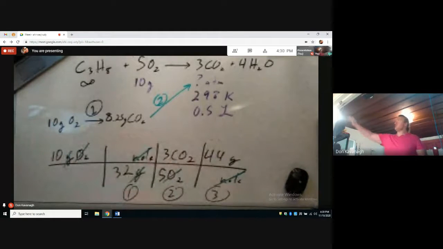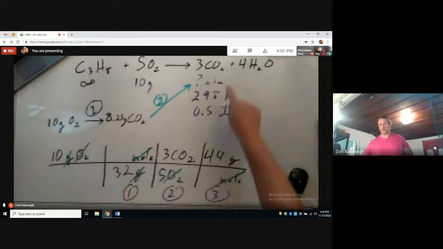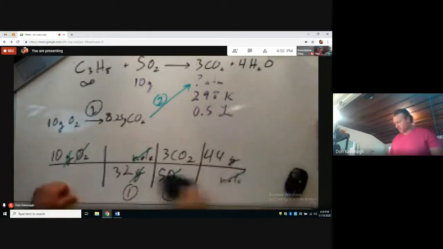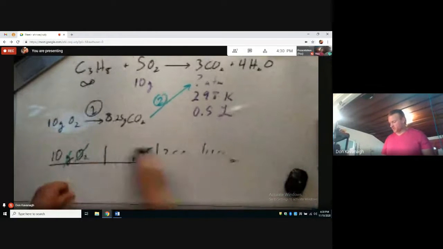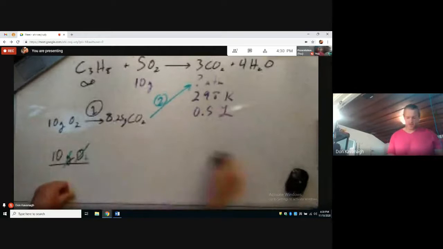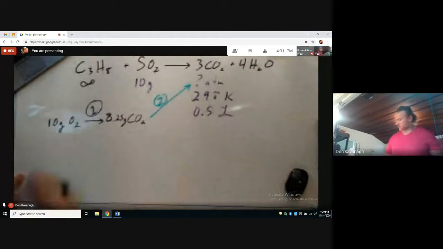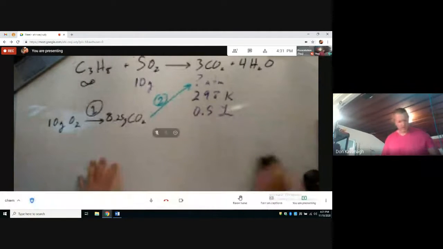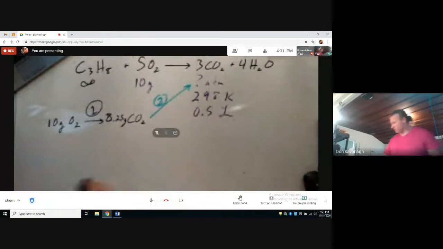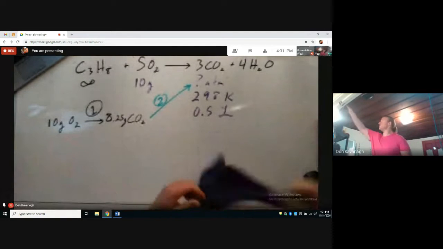There we use the universal gas constant, making sure we solve for pressure. Now, PV equals nRT is definitely a way to go with this. I'm not going to recommend that, because the scaffold method can help you solve problems without knowing formulas.